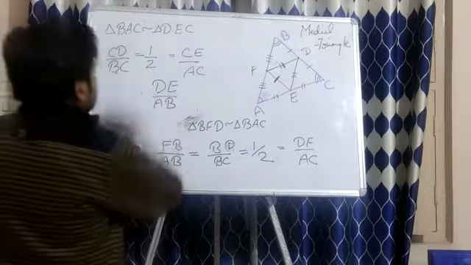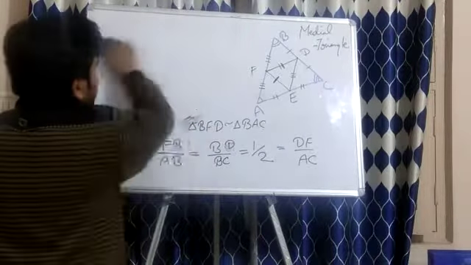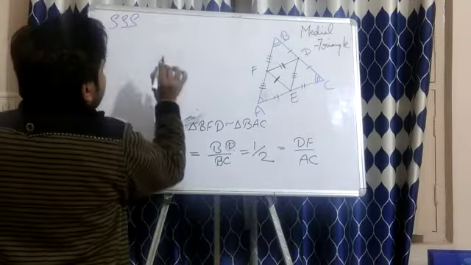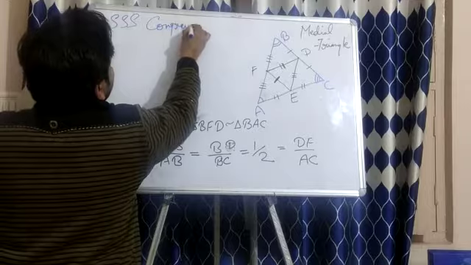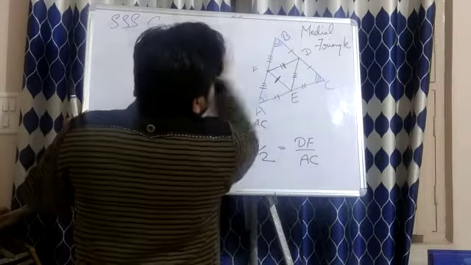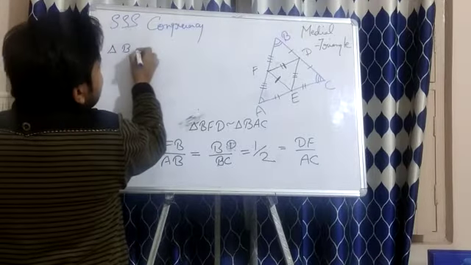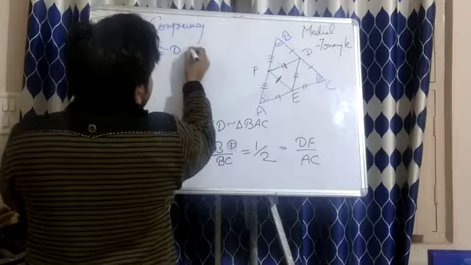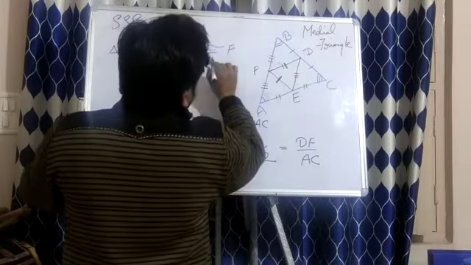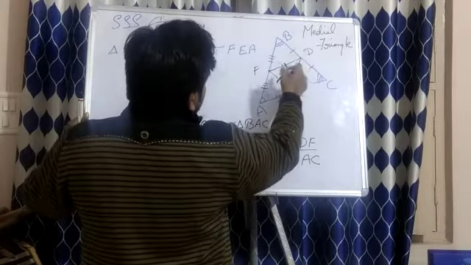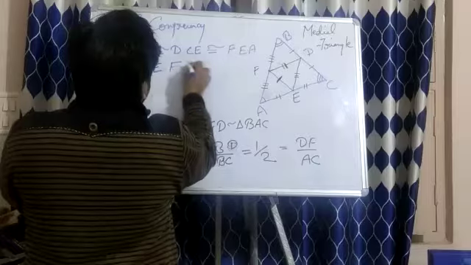Well, I am rubbing this part. So by SSS congruency, in all the 4 smaller triangles, we can safely say that triangle BDF is congruent to triangle DCE, which in turn is congruent to triangle FEA, which in turn is congruent to EFD.